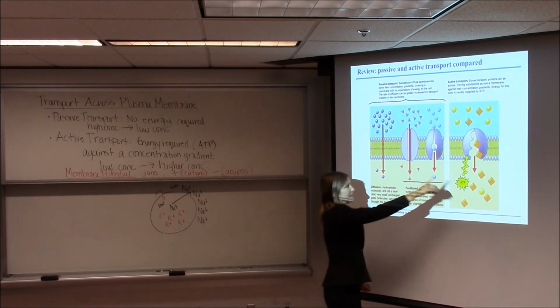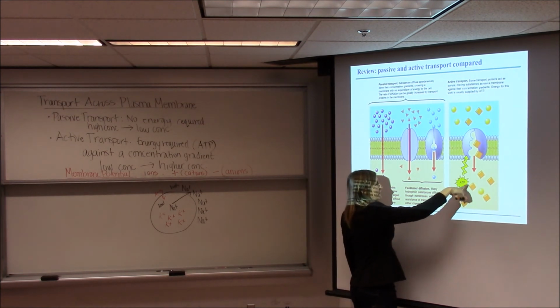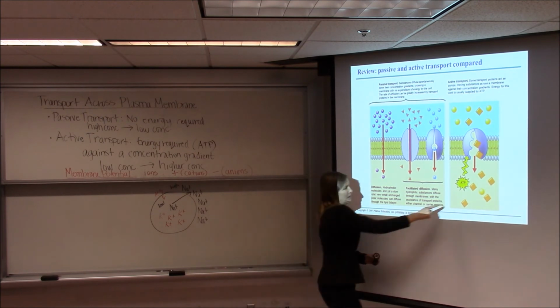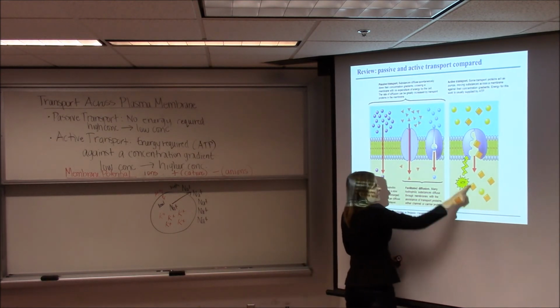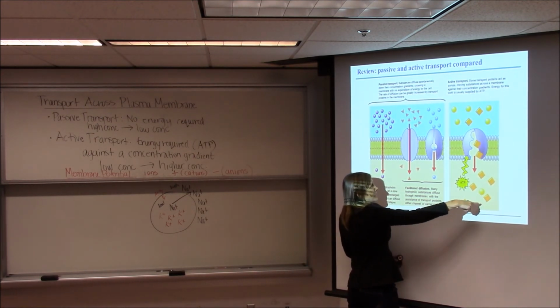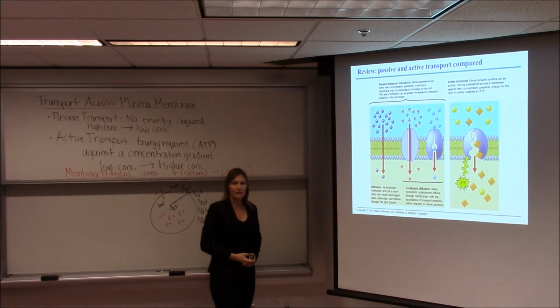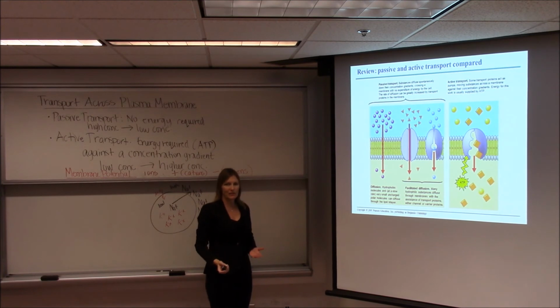And then we have active transport. ATP is required because we're going from low to high. You can see 1, 2, 3, 4, 5 of these diamond-shaped molecules already in the cell, but we want to get the rest of them in. That is going to require energy. So passive versus active transport: how things move across cell membranes.